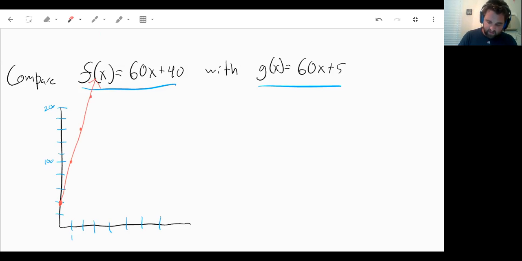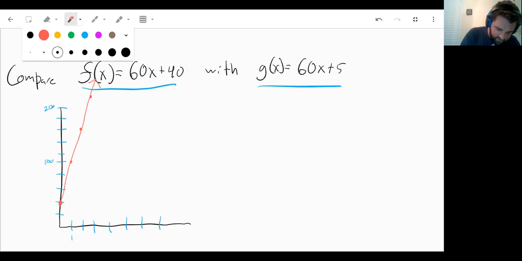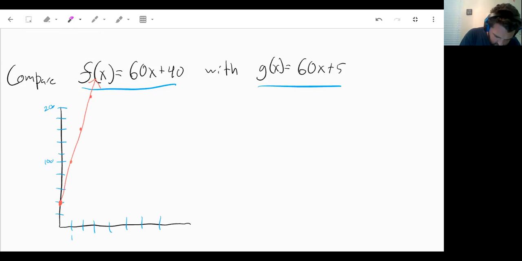And for g of x, that one starts at 5. Let's graph this one in purple. So if 5 is going to be about here, then we go up 60 and over 1. And then we go up 60 and over 1. And then we go up 60 and over 1.